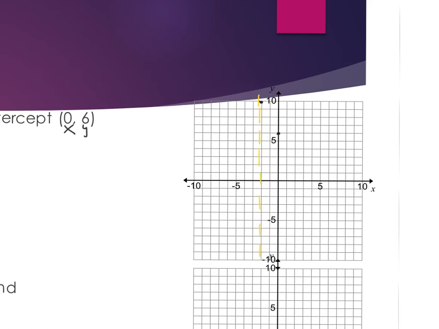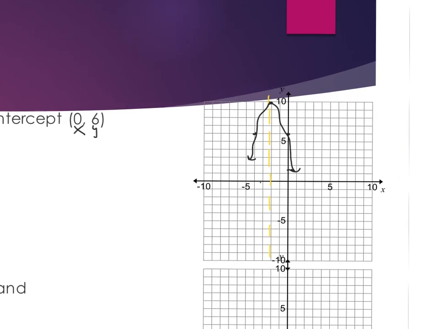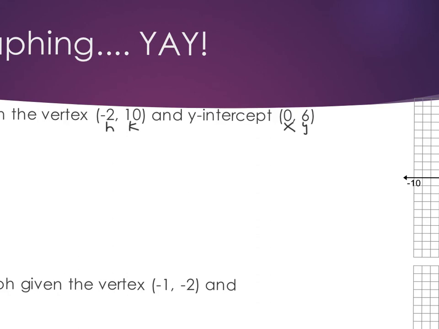So that means I also have a point at negative 4, positive 6. And we could go ahead and sketch it if we want to. Remember, don't make them curvy. Now, if I needed the equation, we have to find the a value. So if we remember our vertex form, y equals a parentheses x minus h quantity squared plus k, and we plug in y, which is 6, the a value we're trying to find, the x value is 0, the h value is negative 2, and the k value is 10.